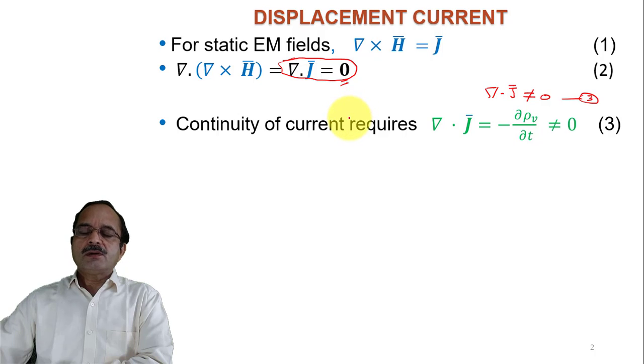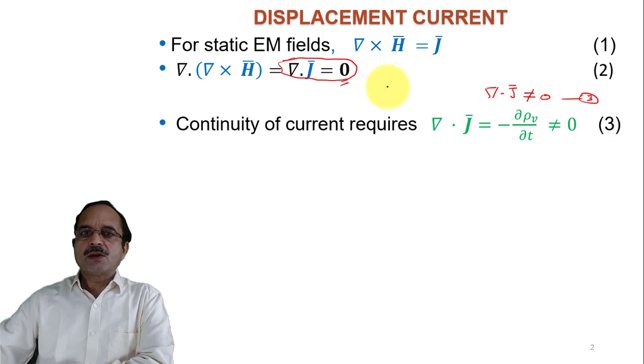So to remove this inconsistency, Maxwell modified equation number 1. So let us see what modification is required in equation number 1 so that this inconsistency is removed.